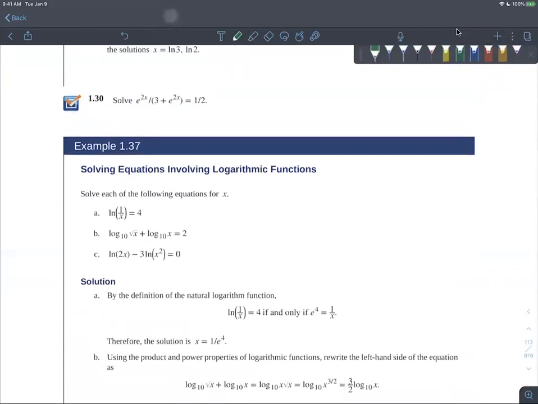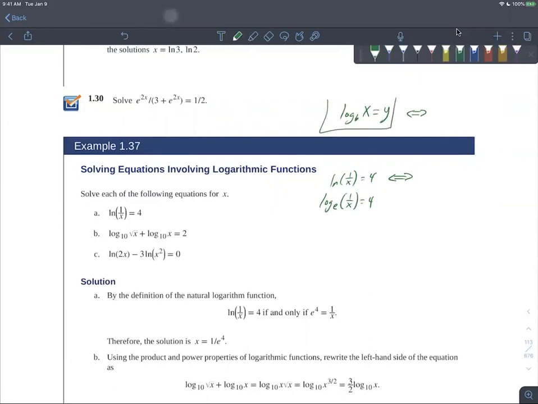examples here. Part A, we want to solve the natural log of 1 over x equals 4. Well, here we can use the equivalence statement, and they're actually using it in this solution that they go over. The natural log is actually the log base e of 1 over x equals 4. And don't forget our equivalence, that log base b of x equal to y is equivalent to b to the y equals x.